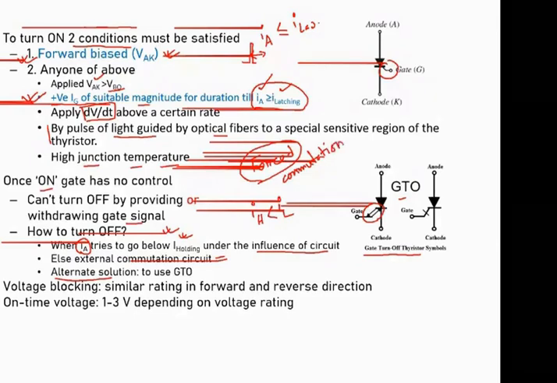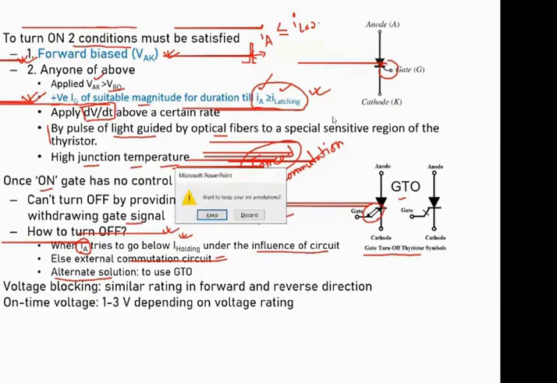For AC to DC converters, this is sufficient because their current automatically goes to zero, and that is how the thyristor automatically turns off, right? You need not any external arrangement to turn it off. But in a DC-DC converter, current does not go to zero by default, so you have to use some external means to forcefully turn off the thyristor. That is why nowadays in most DC-DC converters, the thyristor is not a popular choice, because you need an additional commutation circuit.